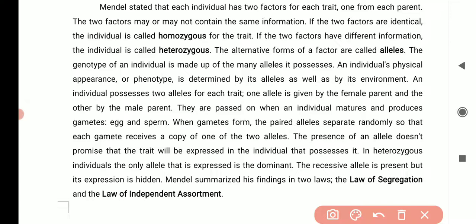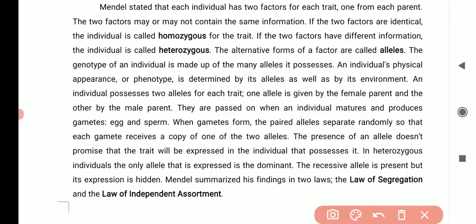If he lives in Africa, he will become very tan. So the phenotype depends on the environment as well as on the genotype, which means the alleles.